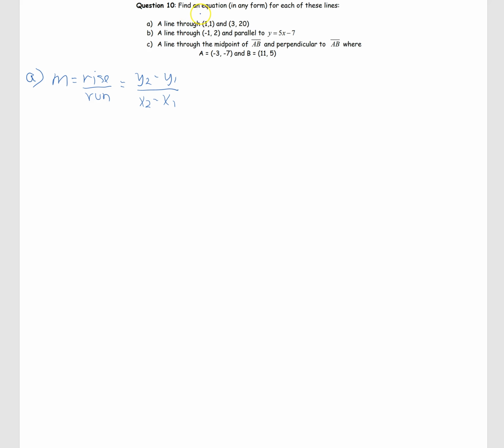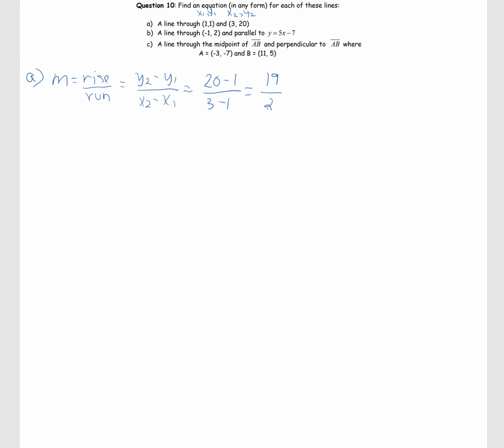In this case, I'm going to call this first point x1, y1, and the second point x2, y2. So plugging that in gives me 20 minus 1 over 3 minus 1, which gives me 19 over 2. And that's as much as I can simplify that slope. So my slope is 19 over 2.